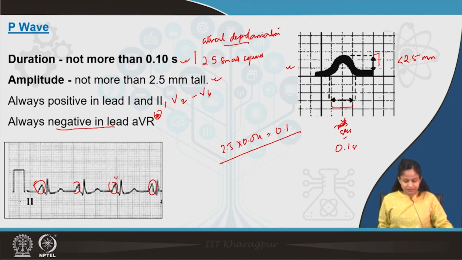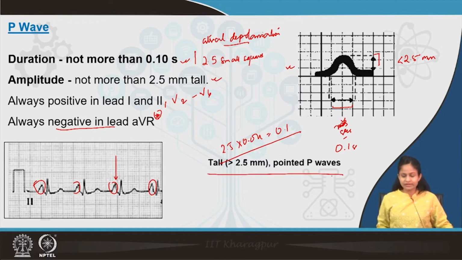Now, these tall P waves in case of right atrial hypertrophy, right atrial enlargement, are also known as P pulmonale.